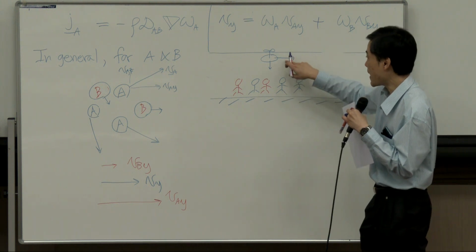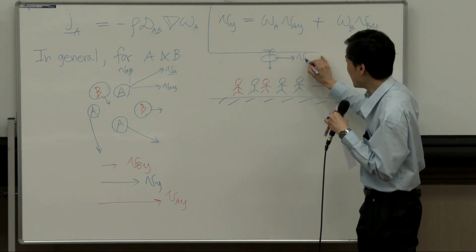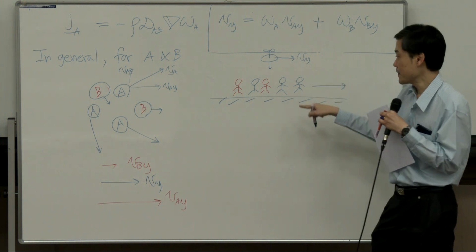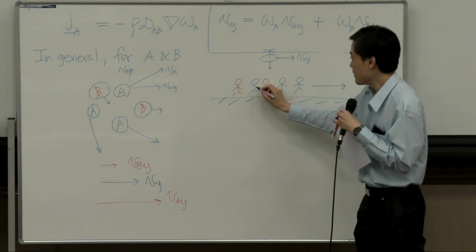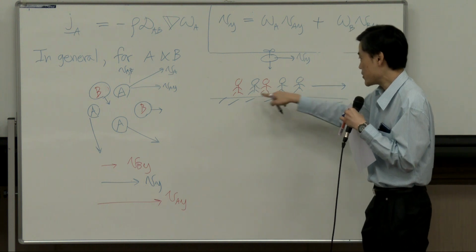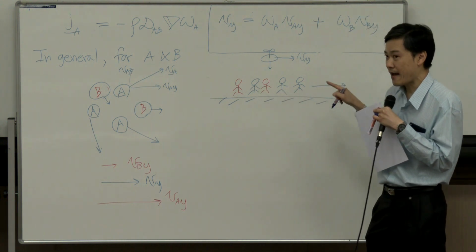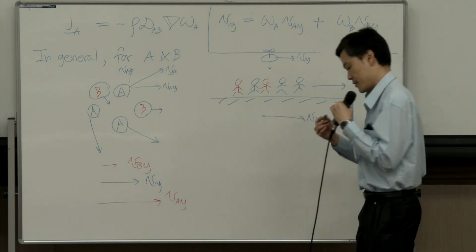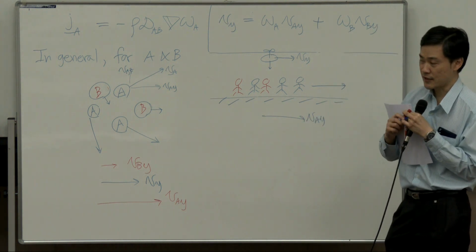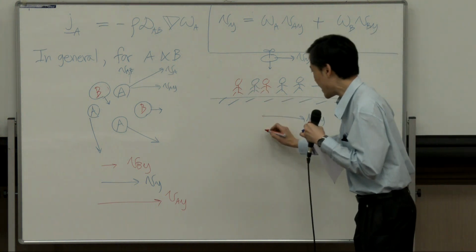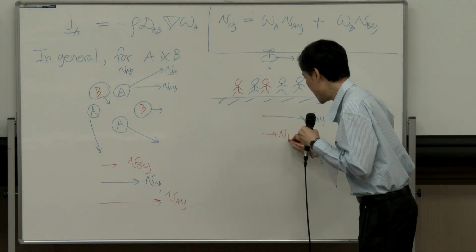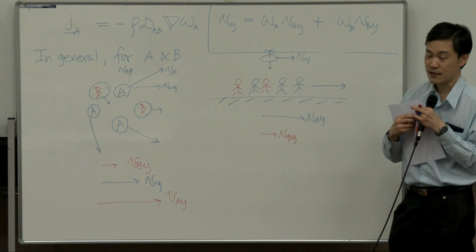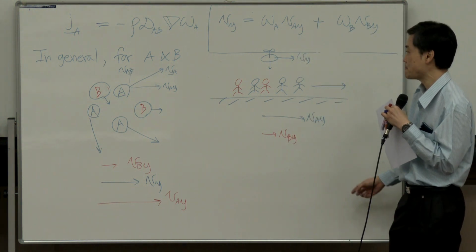So therefore, my drone is moving with the average mixture velocity. Individually, blue guys or young guys are moving on average with VAY, their own velocity. The old guy is moving with VBY, their own velocity as well. Okay?